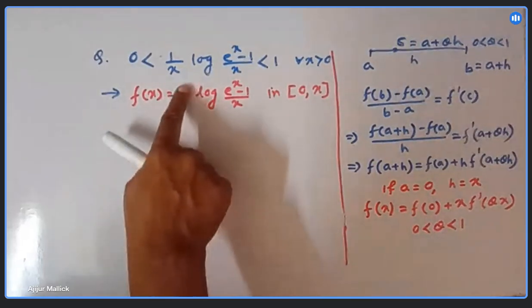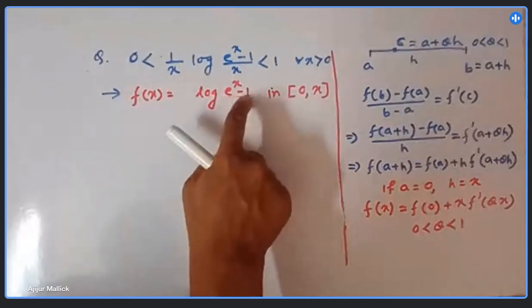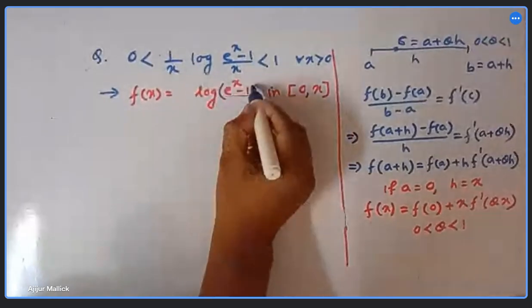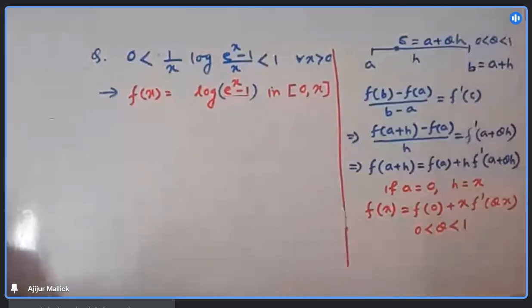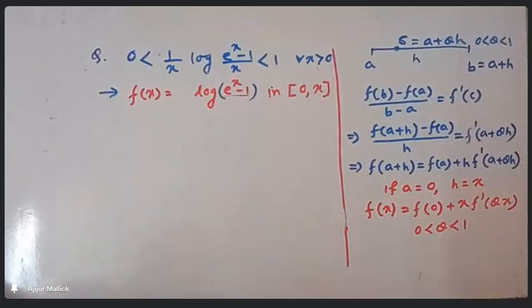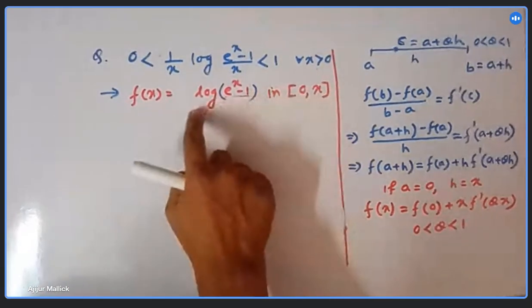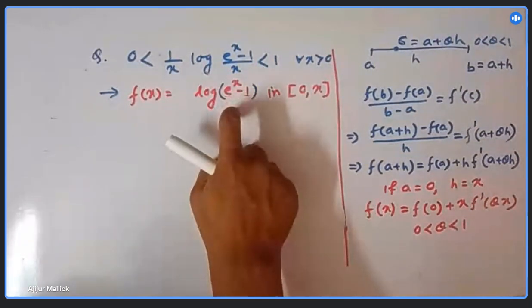Okay, if we remove this part, 1 by x, then does f(x) satisfy all conditions? No, sir. Then also it's log of 0, which is undefined. At x equal to 0, this value is log of 0, which is not defined.